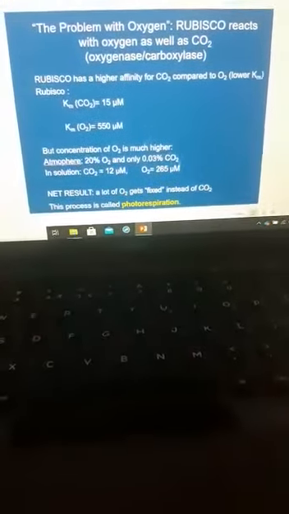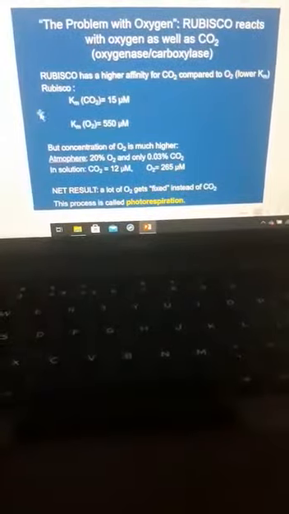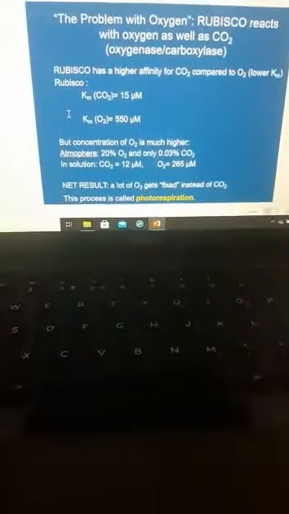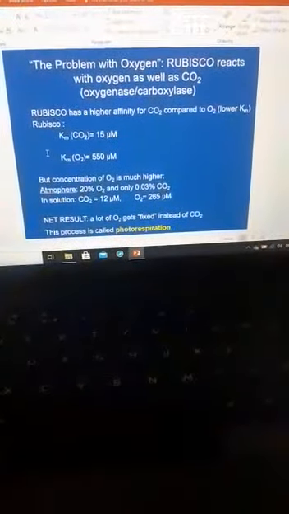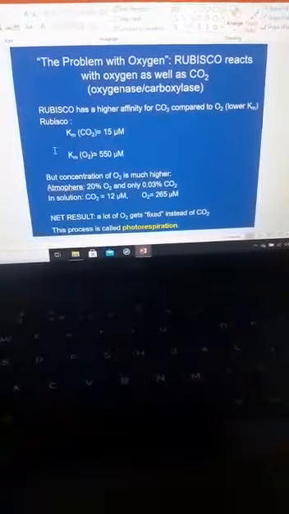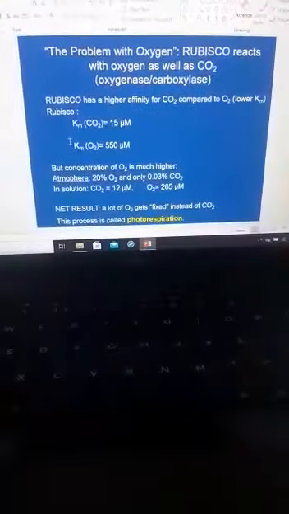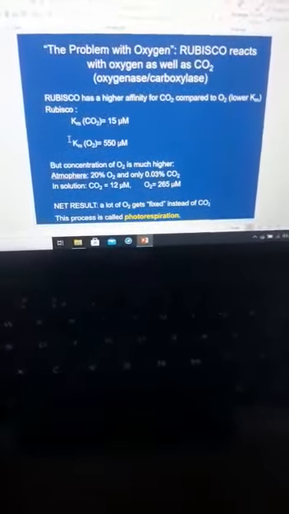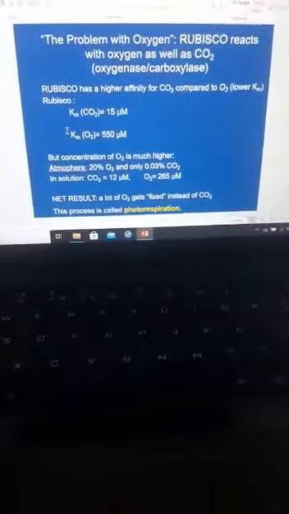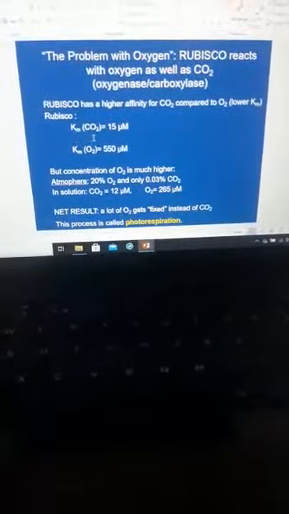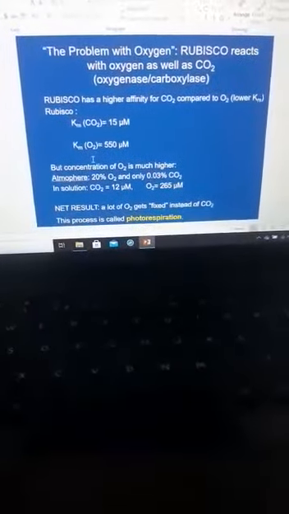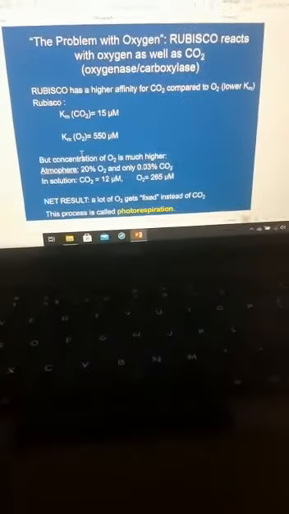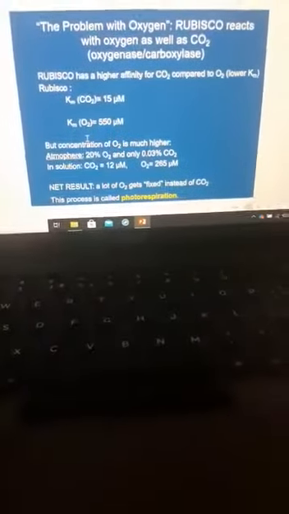Now, on this slide, you will see it's written Rubisco has a high affinity for CO2 compared to oxygen. What that actually means is the enzyme attaches to carbon dioxide faster than oxygen. The problem, however, is that in the atmosphere, there is too much oxygen compared to carbon dioxide.